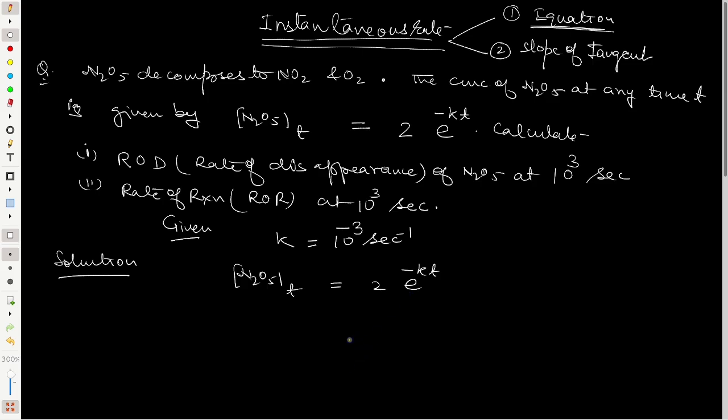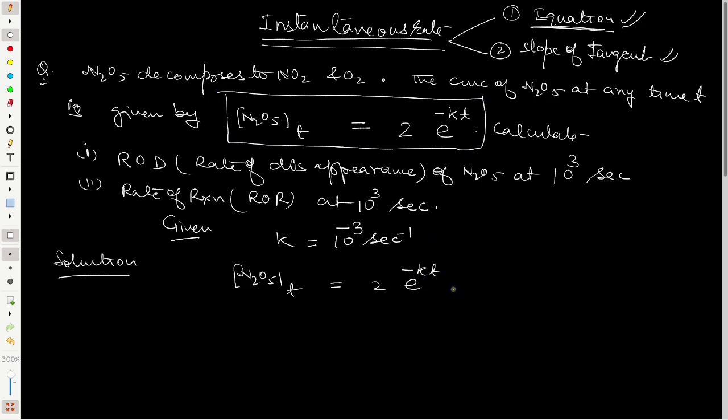Dear friends, there are some requirements for the instantaneous rate. I told you that either the equation should be given or the slope of the tangent on the curve should be given. Here the equation is given, and you have to calculate the rate at this point of time. Because a certain time is given, definitely you have to calculate the instantaneous rate.